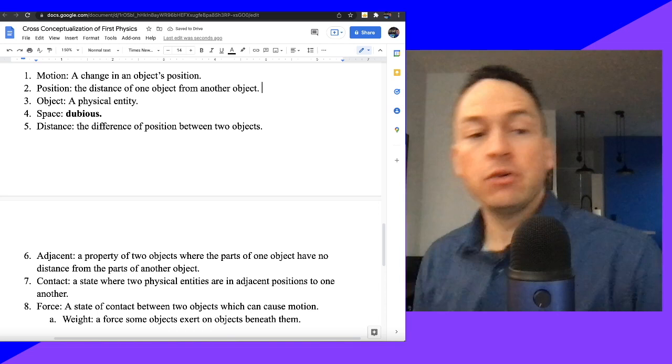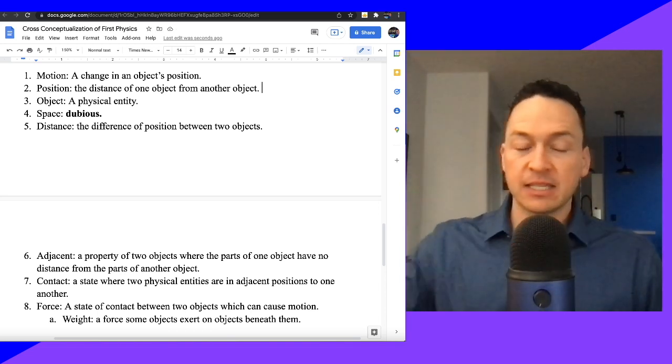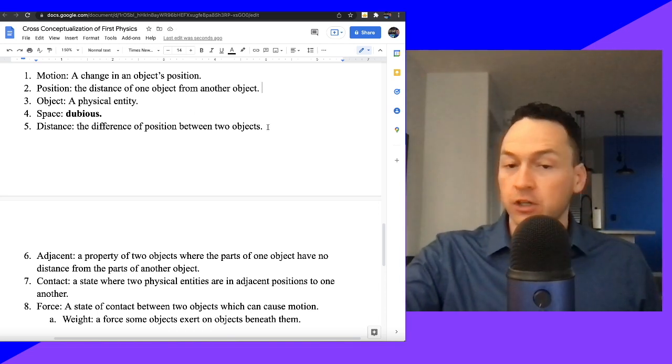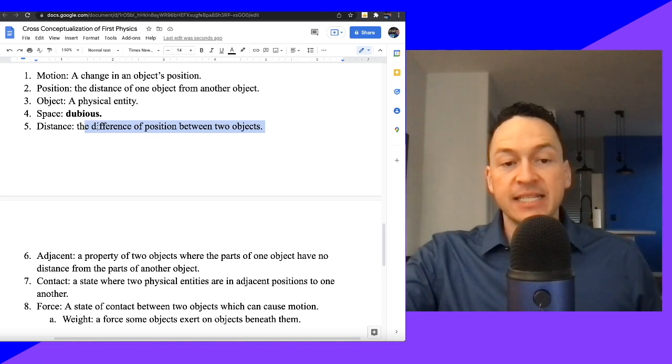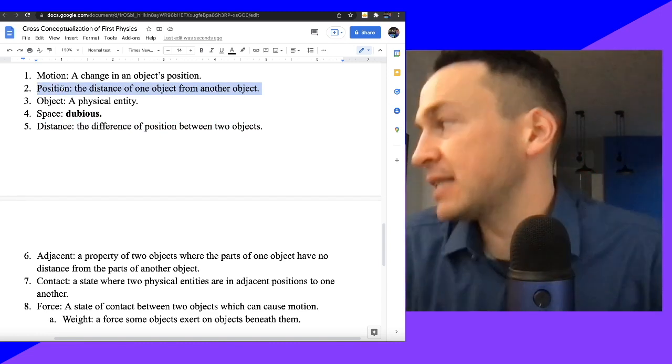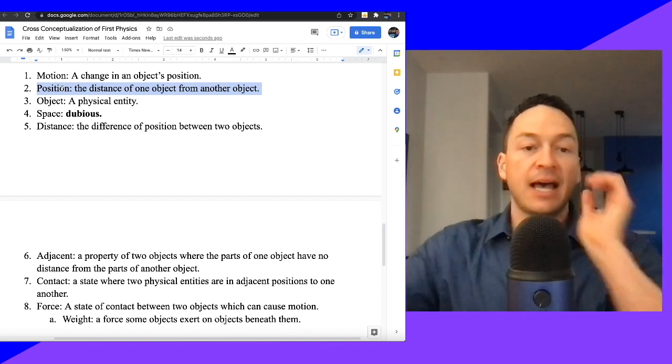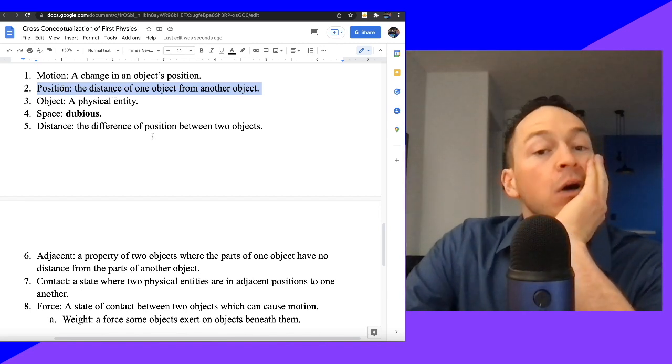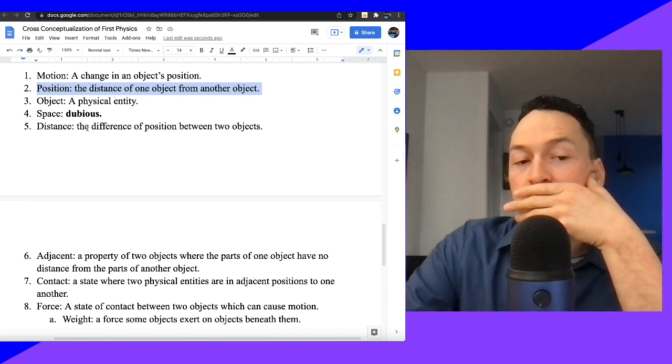Okay, but now, and this is going to come up during your cross-conceptualizations, now we have a circle. Because we've got distance is a difference in position, and then position is a kind of distance. So when you have circles like this, that's a sign that you need to reconceptualize. So what should we say here?